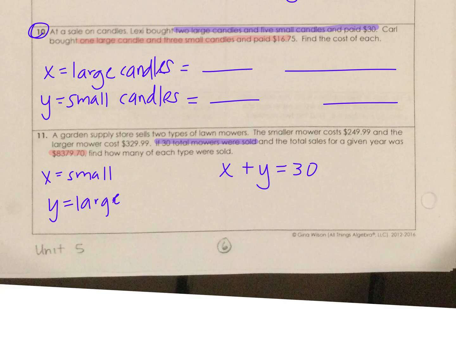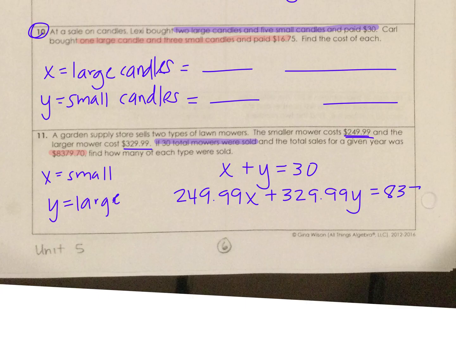So if someone pays $249.99 for all the small mowers, times X, plus they pay $329.99 for all the large mowers, times Y, they will come out with $8,379.70. When you type both of those into your equations, it tells me that they sold 19 small mowers and 11 large mowers.